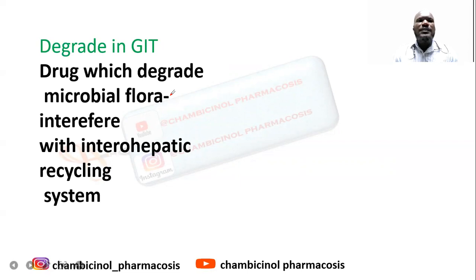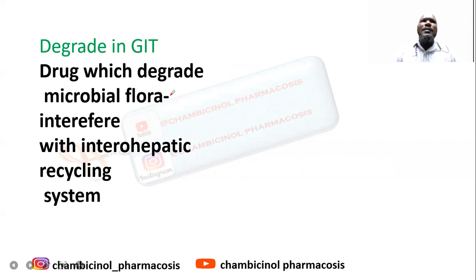Another factor is that some drugs have an effect on the microbial flora, and we know this microbial flora plays an important role in the absorption of the drug. For example, those drugs which go through the enterohepatic recycling system.